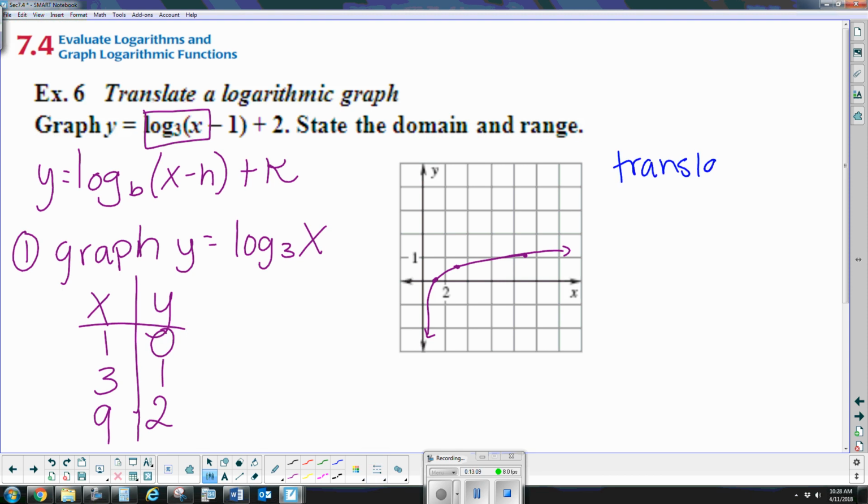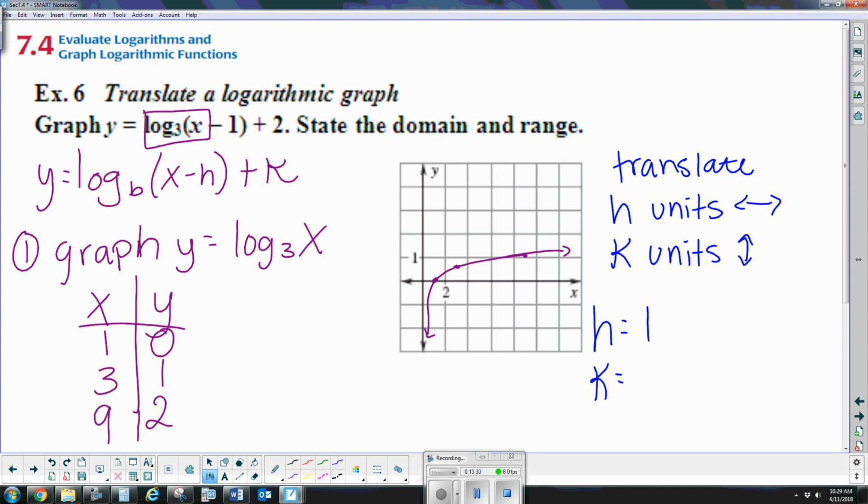So we're going to translate h units horizontally and k units vertically. So first we want to identify our h value and our k value. So here our h value is 1 and our k value is 2. So we want to draw in our new asymptote first.